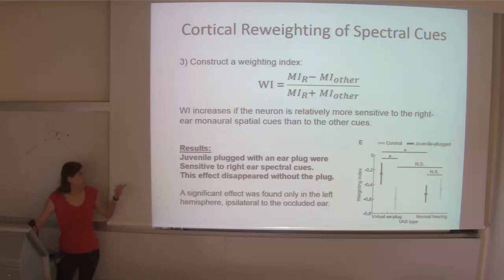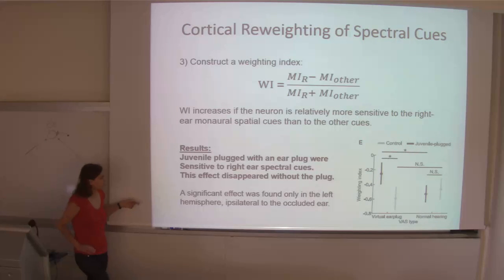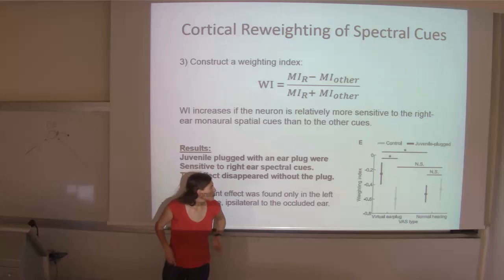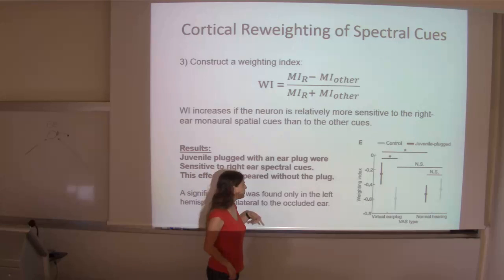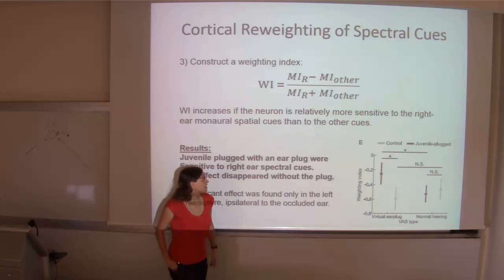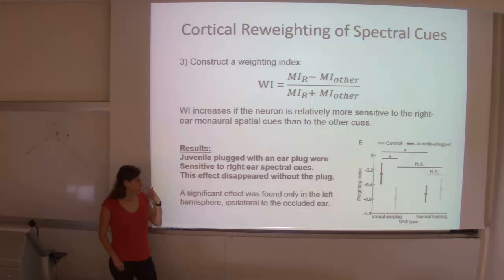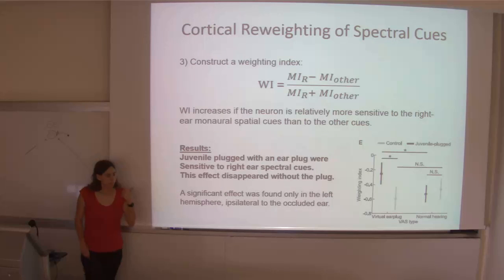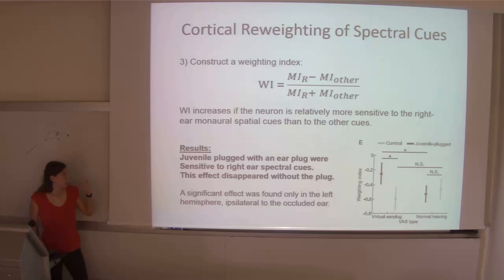So they calculated this weighting index for the different neurons in the different conditions, and what they found is just like they expected and like they found before for the behavioral result: when those who were raised with the plug used the cues from the right ear a lot more than all the others, the weighting index was high. But in all other conditions, when the earplug was removed, they used all of them completely the same amount.